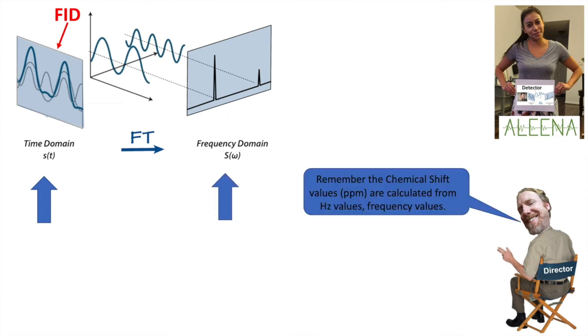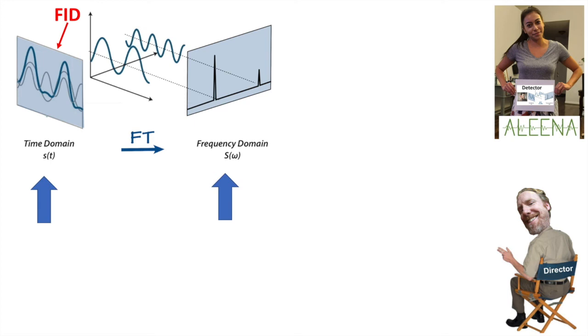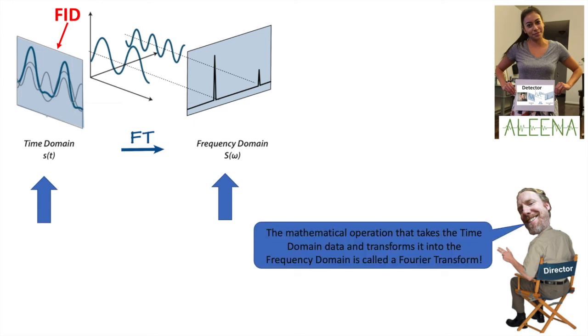So remember, chemical shift values, the parts per million, are calculated from Hertz values, and Hertz is a frequency value. So that's the frequency domain, our spectrum. The mathematical operation that takes the time domain data and transforms it into the frequency domain is called the Fourier transform. You don't have to worry, we don't actually do it, and that's where the FT comes from.